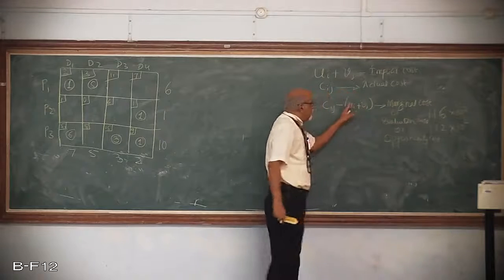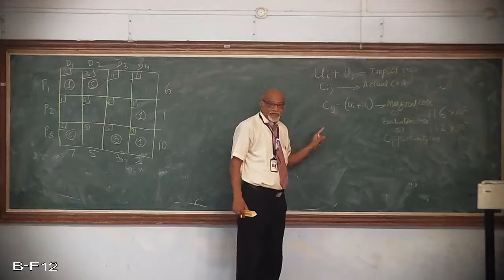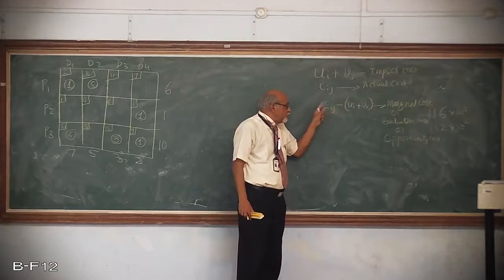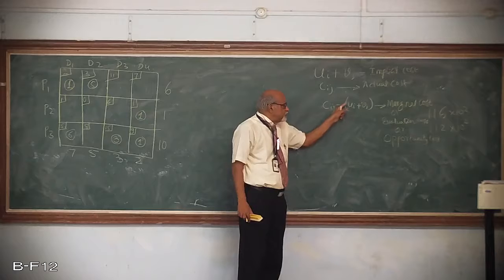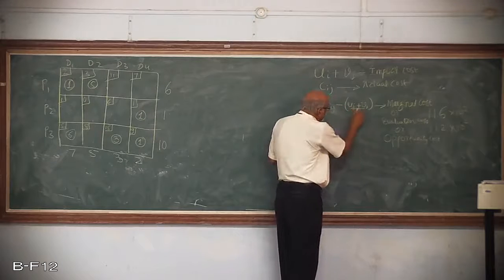These things are to be calculated for empty cells, because that implies that if this value, Cij minus Ui plus Vj, together we can say equals Zij.